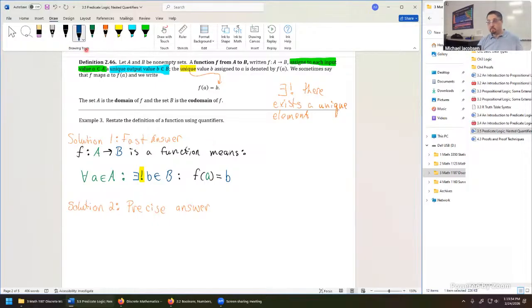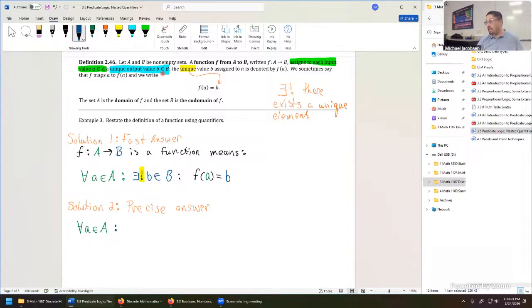Okay, and let's suppose we didn't use any tricks like exists unique quantifier right here. We're not going to say and B is unique. We want to really quantify it. Here's what the whole definition would look like. Assigned to each input value A, so we're saying for every value in the domain, for all A in A, we're going to assign a unique output value in the codomain.